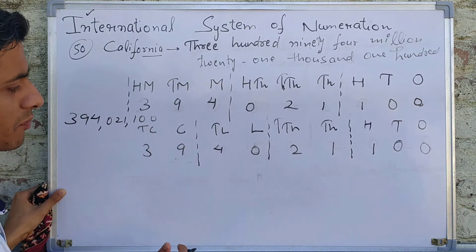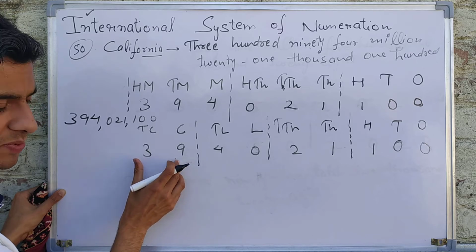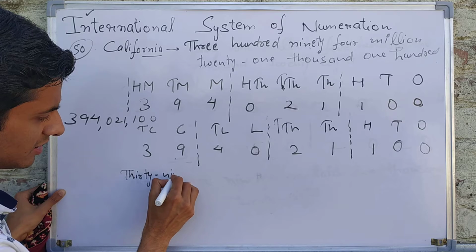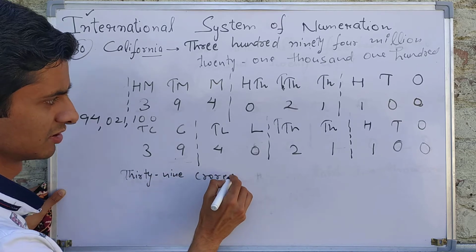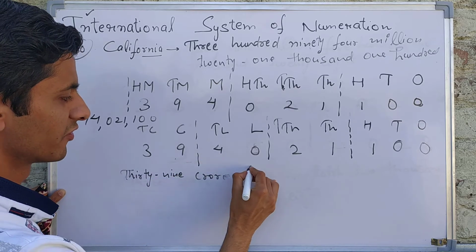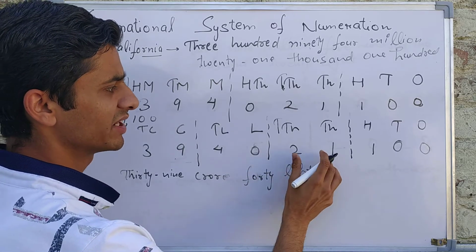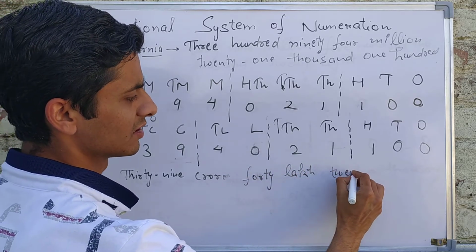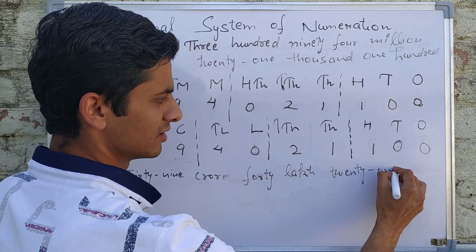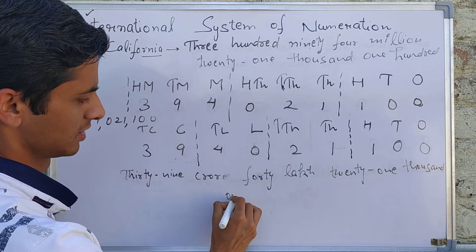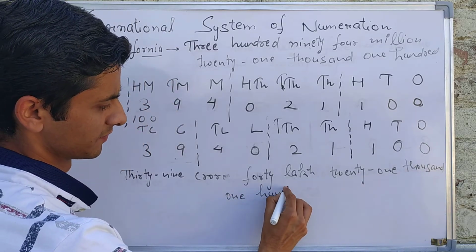So how would you read it? Population of USA in the crores period, 39 crore. How many lakhs? 40 lakh. How many thousands? 21,000. And then 100.